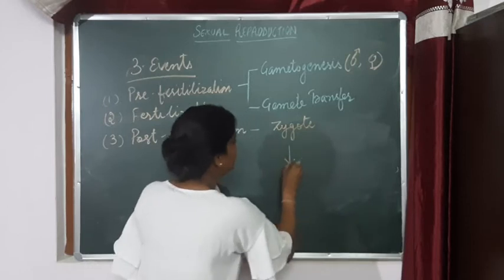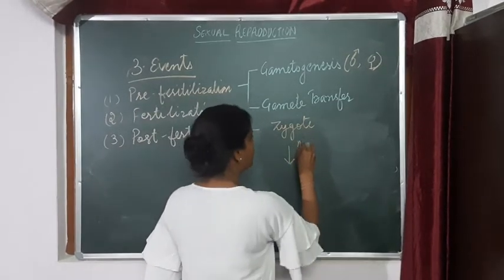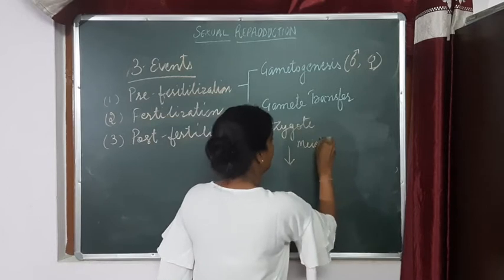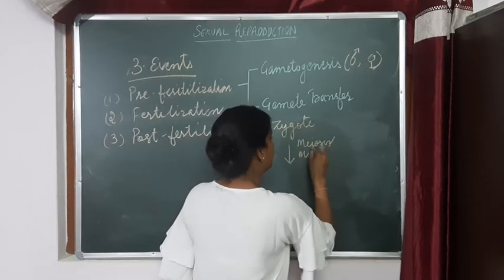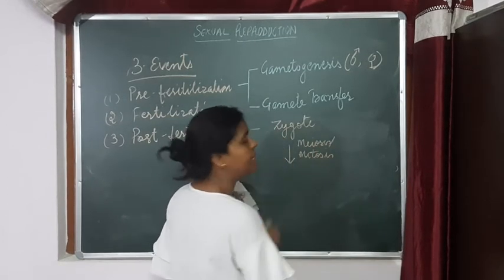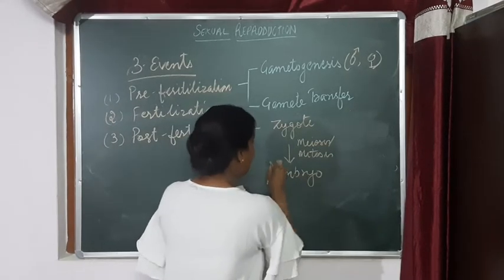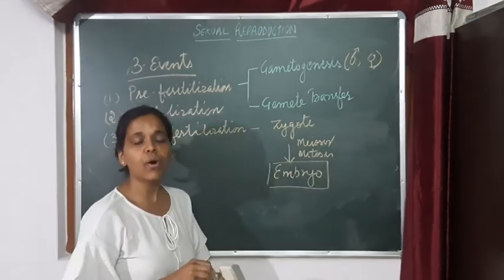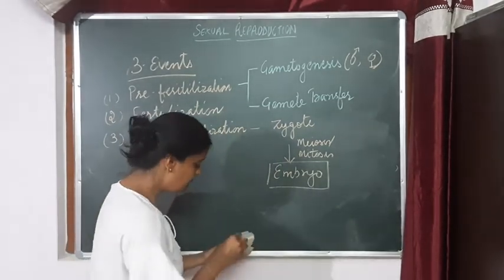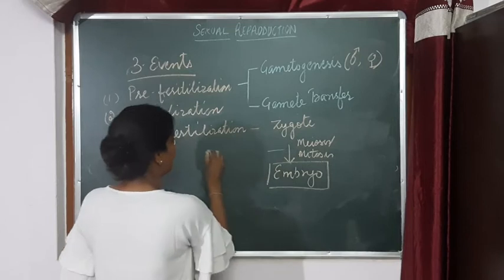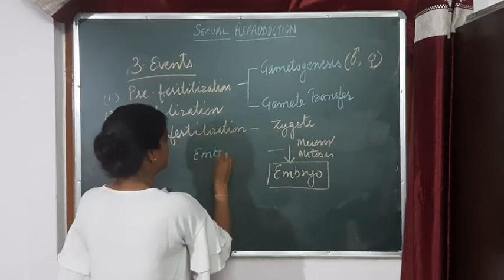Now, the zygote undergoes the process of meiosis as well as mitosis, and it will give rise to an embryo, right? And this process of formation of the embryo is known as embryogenesis.